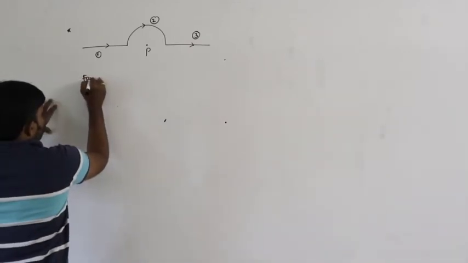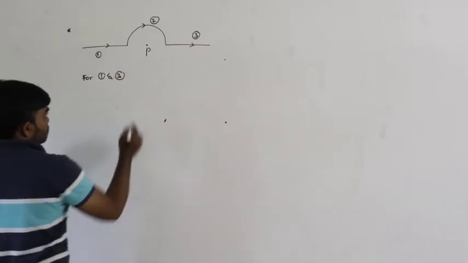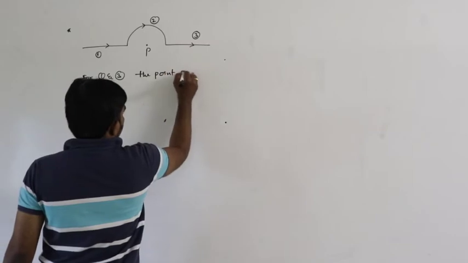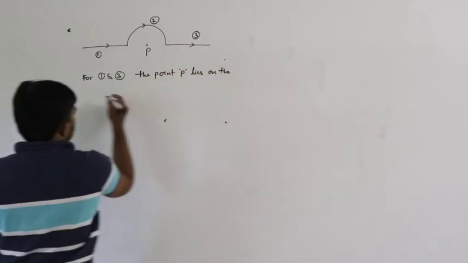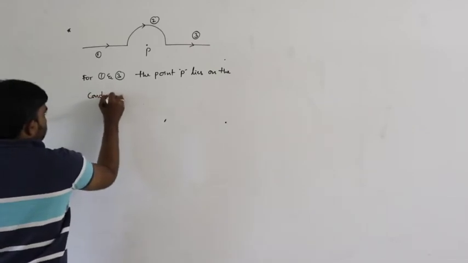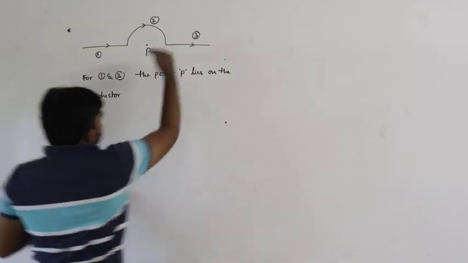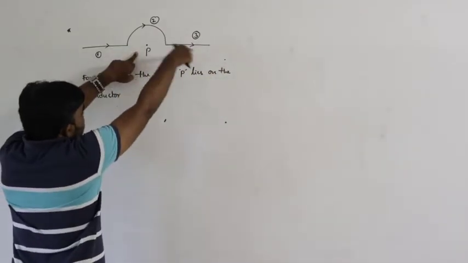Here for the first and third, the point P lies on the conductor. This exists up to infinite distance and this also exists up to infinite distance, and the point P lies along the conductor.